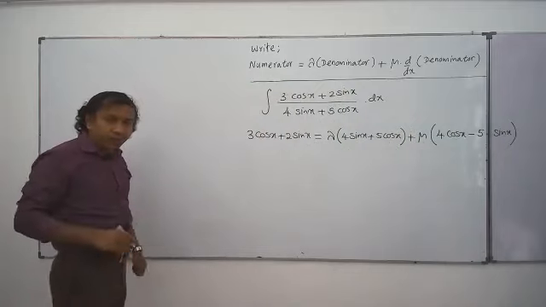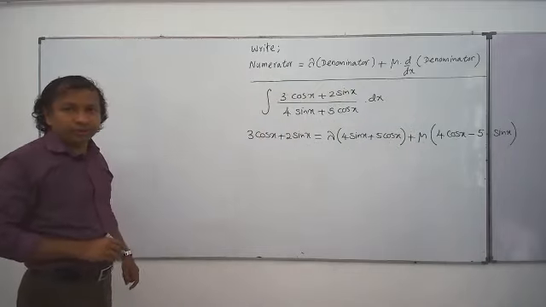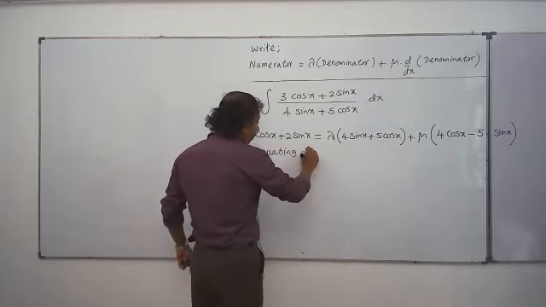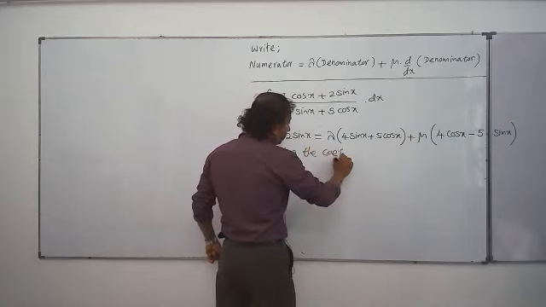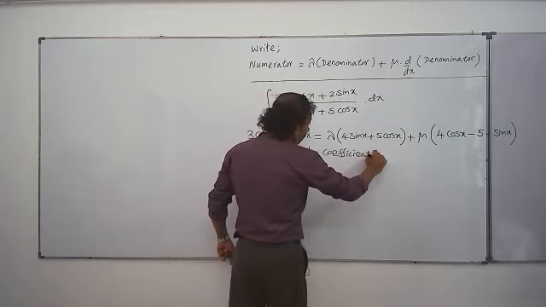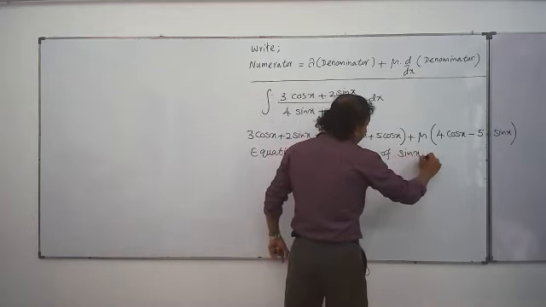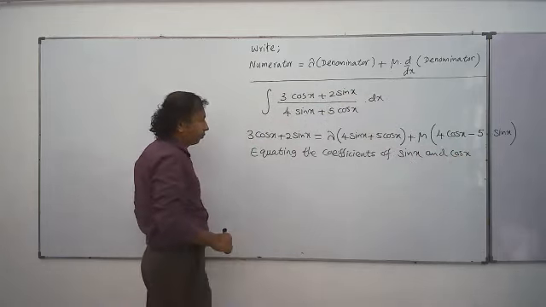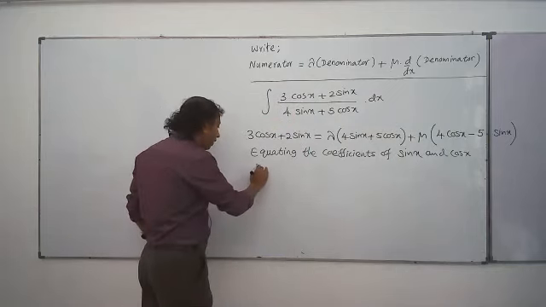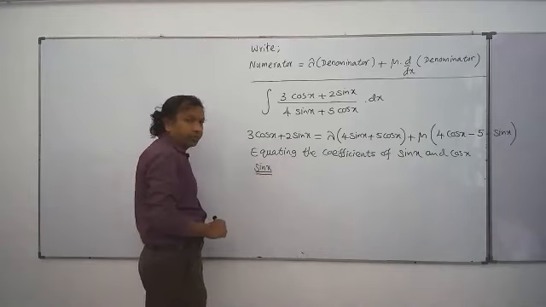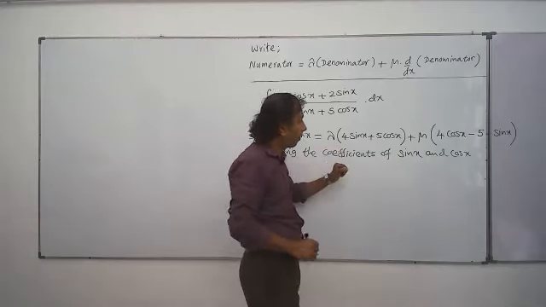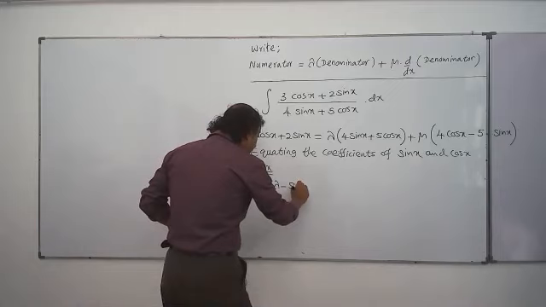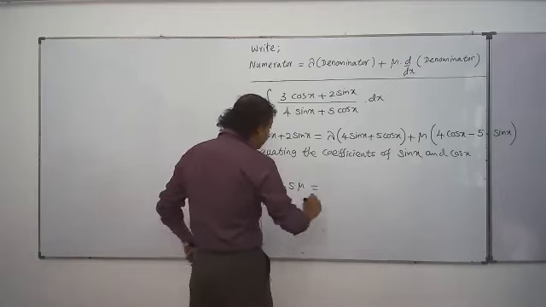Then we equate the coefficients of sin x and cos x on both sides. First the coefficients of sin x: on the right hand side we get 4 lambda minus 5 mu, which is equal to 2.